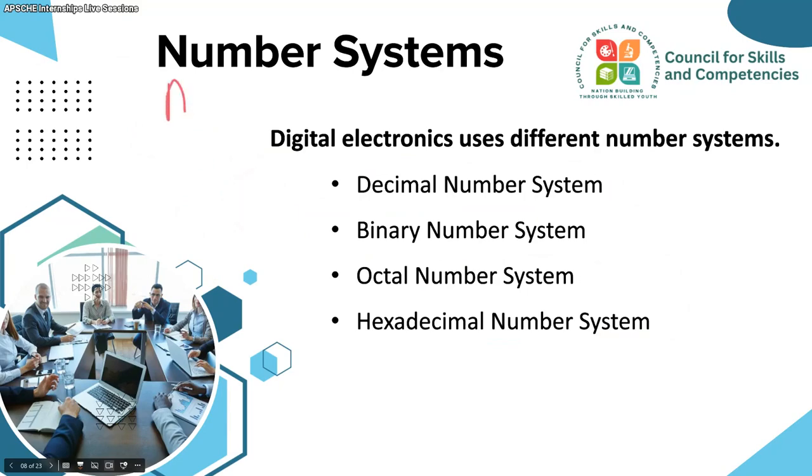A means 10, B means 11, C means 12, D means 13, E means 14, F means 15. So 0 to 15, that means totally you have 16 symbols. That is where the hexadecimal number system comes. Sir, already we have a binary number system.